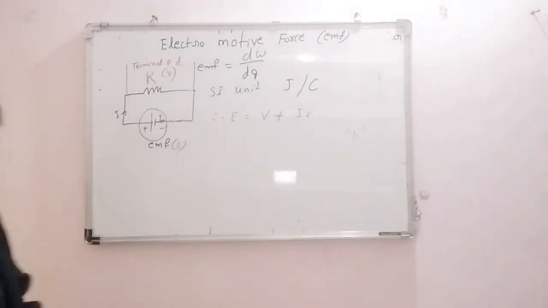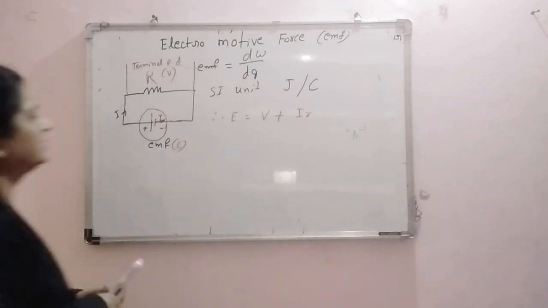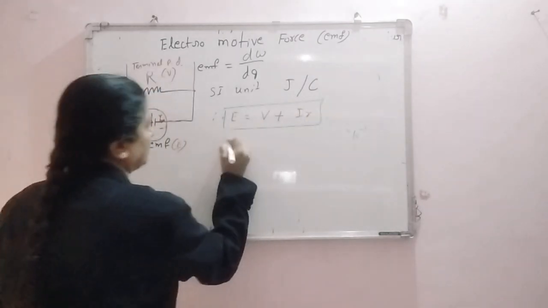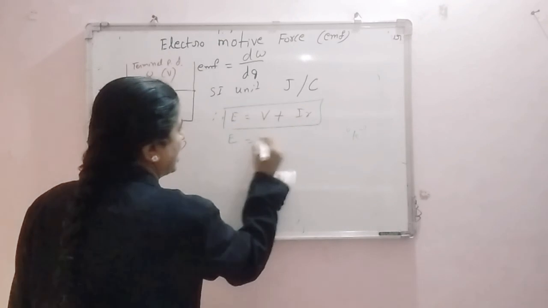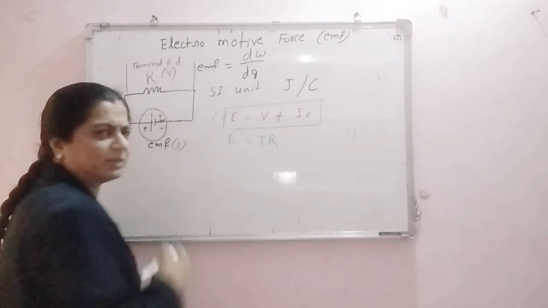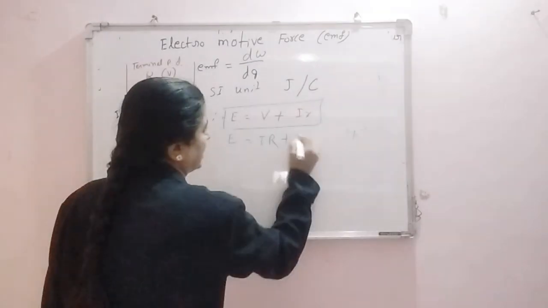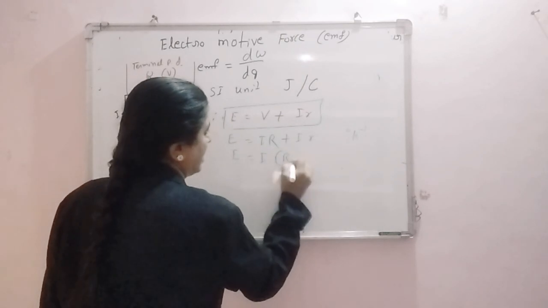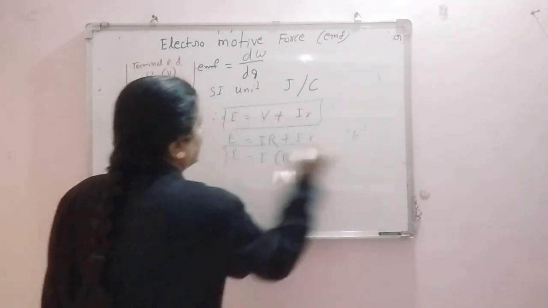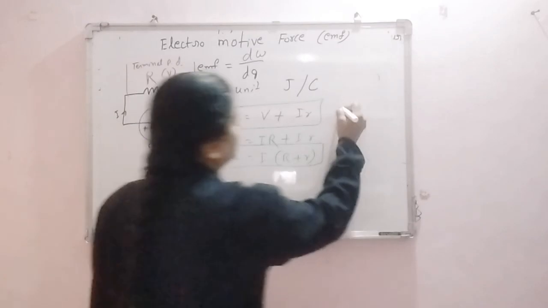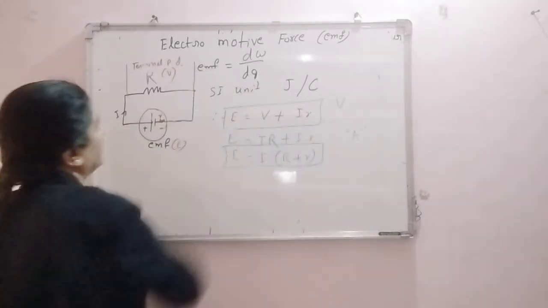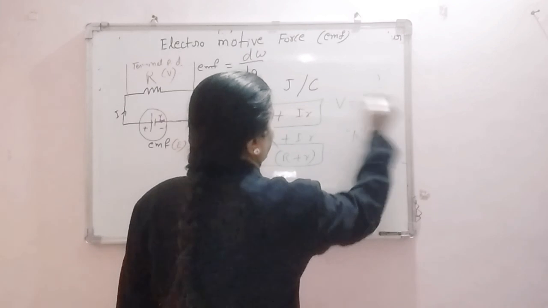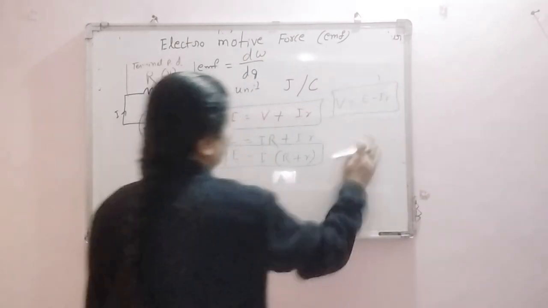So EMF E is equal to IR plus Ir, so E is equal to I into (R plus r). If you have to find the terminal potential difference, V is equal to E minus Ir, is another equation.